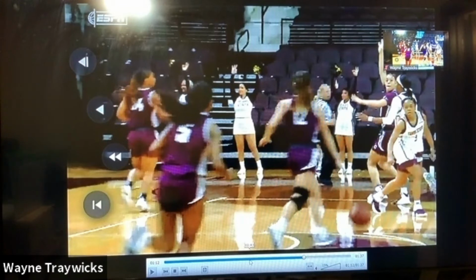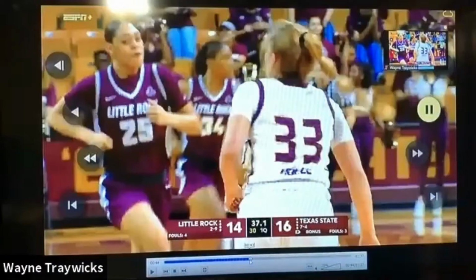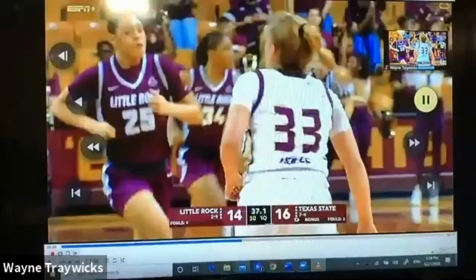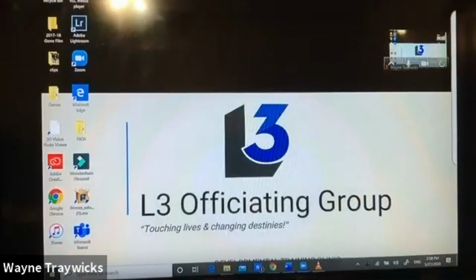Drew, what do you have on this play? I have clear evidence that maroon 25 clearly uses her elbow and hits white 33 in the face. So I think it's unnecessary. Okay, so you're going intentional foul or disqualifying? Intentional. Okay. Simbri, what do you have on the play?